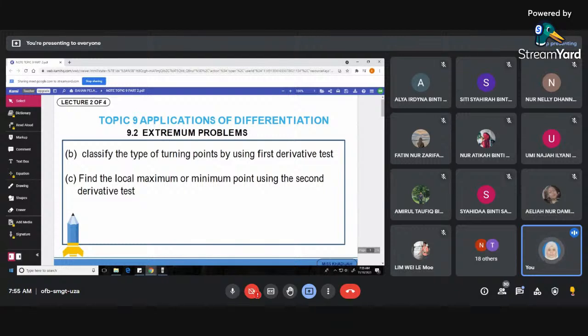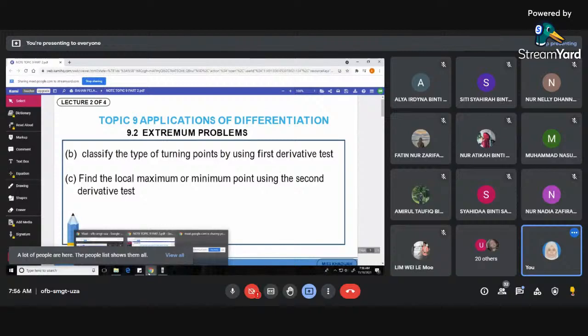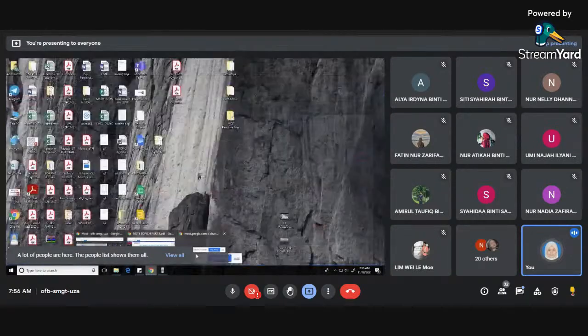Before we start, kita mulakan dengan bacaan doa. Ada wakil tak untuk bacakan doa? Ada ke tidak? Ada wakil bacaan doa?